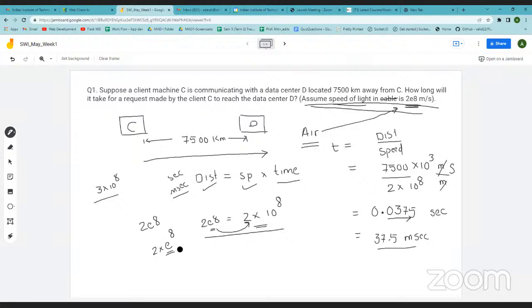In speed of light, we do not want to specify speed of light or any data that is being transferred in the multiples of exponential powers, right? So this is not 2e8. This is the representation. So don't get confused with the exponential. It's not exponential.